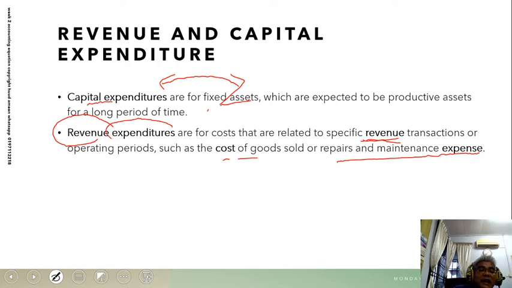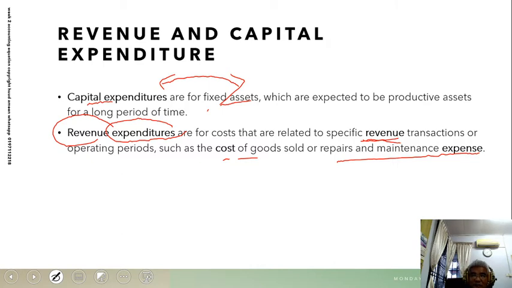So what is expenditure? Expenditure adalah belanja, iaitu duit keluar. Organisasi akan mengeluarkan duit untuk berbelanja. Macam awak, as a student, sebagai pelajar, awak nak tiap-tiap hari nak makan, nak isi minyak, itu adalah belanja.